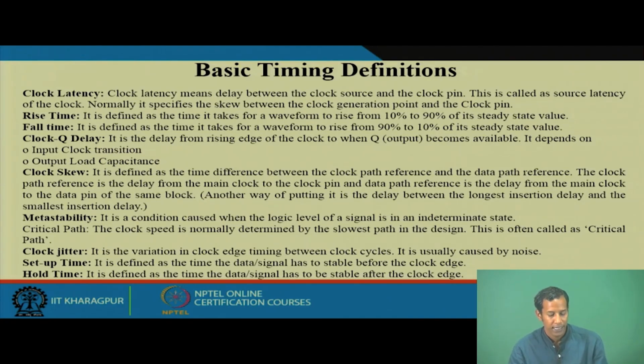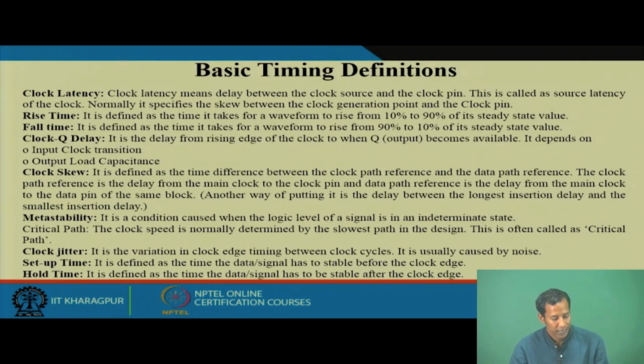Then metastability. Metastability is a condition caused when the logic level of a signal is in an indeterminate state, where you cannot recognize the data properly as 0 or 1. If you find that, then that state is known as a metastable state.